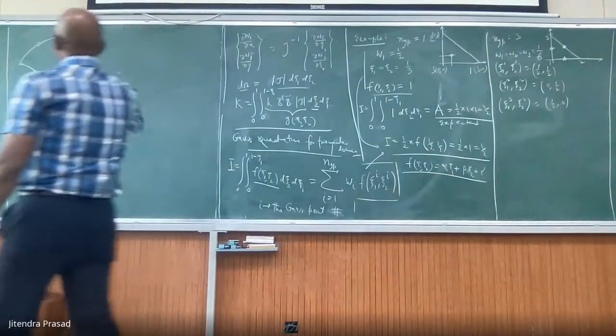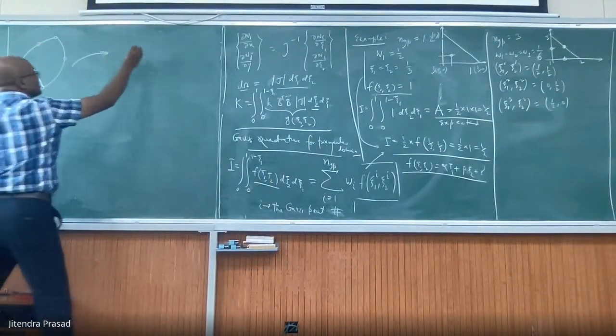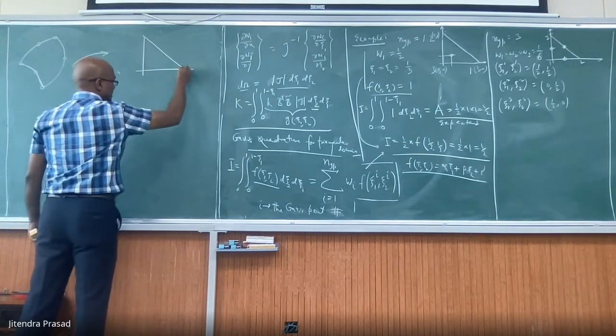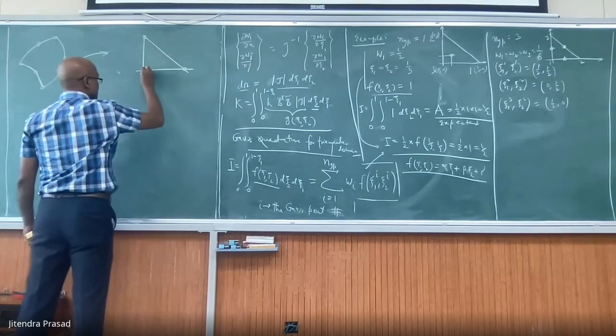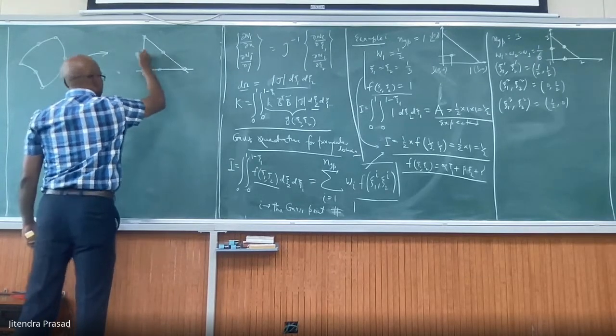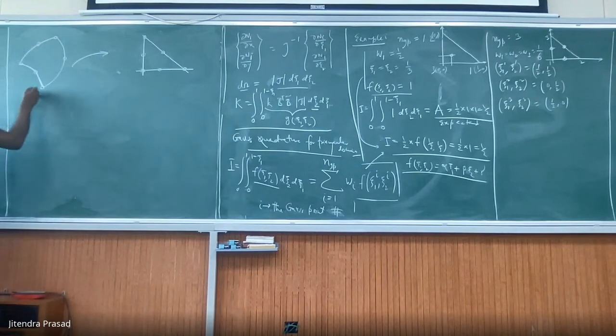And this you can map to triangular elements like this. So you have like this, and then you have here, here, here. Let us say you have 1, 2 and 3. Then you have 4. So let's call this 4. Then you have 5 and 6.